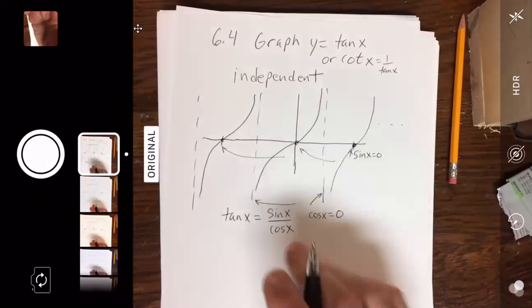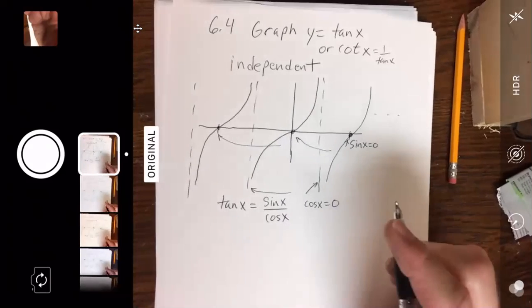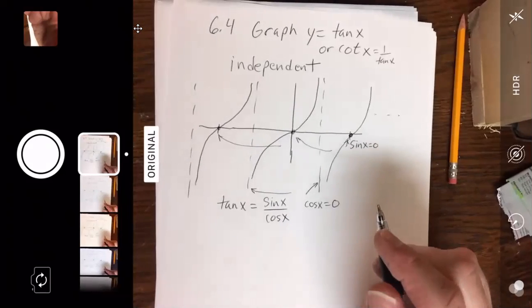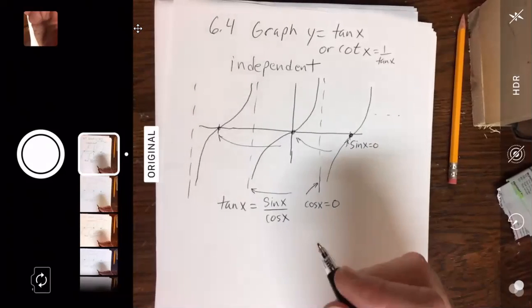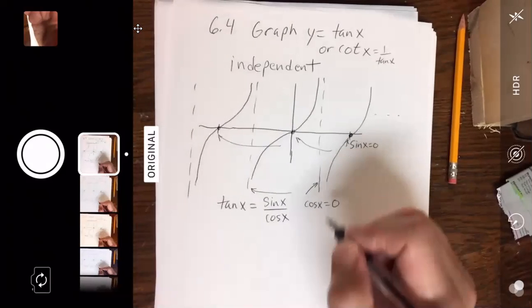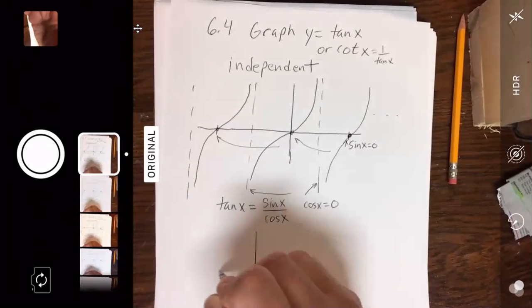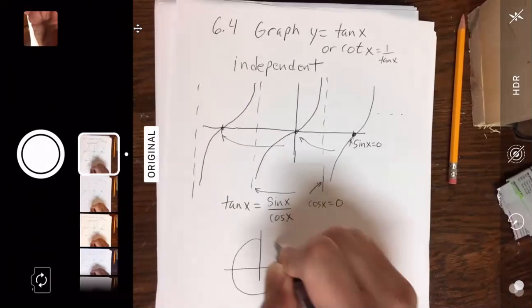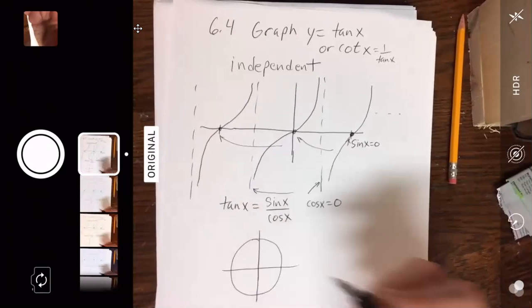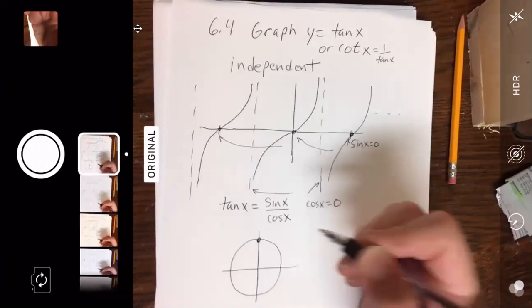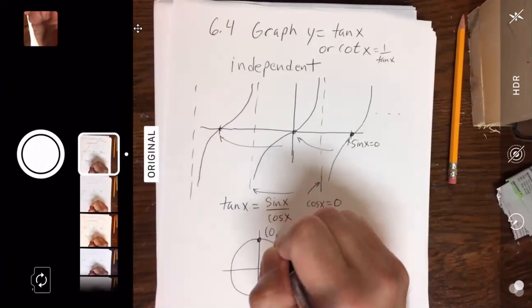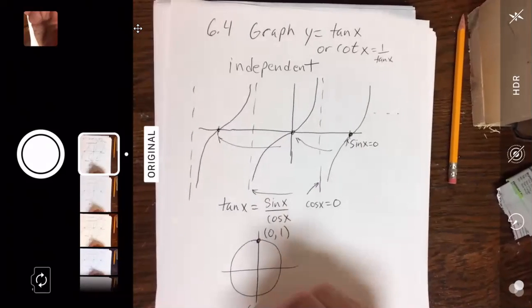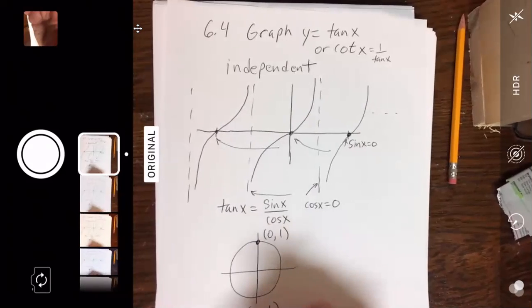The 2 center ones are the ones I pay particularly close attention to. If you remember or know, on your circle, okay, your coordinate up here is 0, 1, and the coordinate down here is 0, -1, and your x coordinate is cosine.